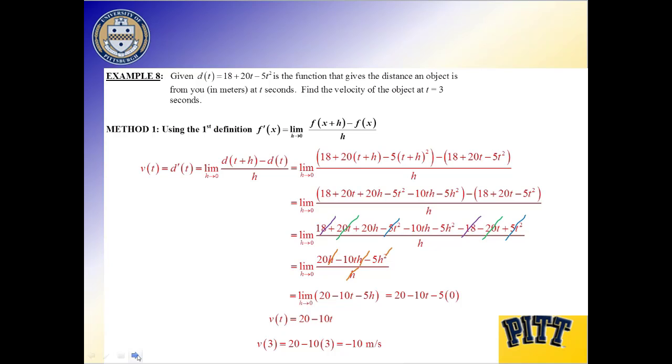Remember, velocity is a vector quantity, not a scalar. It has a magnitude and a direction. So to interpret this correctly, negative 10 meters per second means, since it's based off the distance formula I have there, which is how far the object is from me at a given time, that if the velocity is negative, this object that's flying, whatever it's doing, is moving towards me at 10 meters per second.